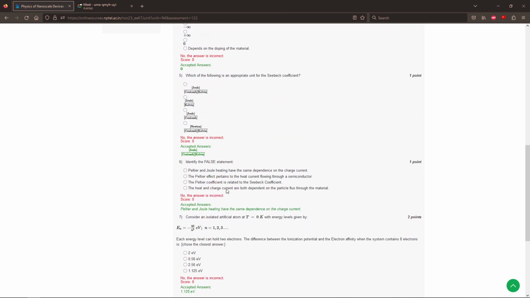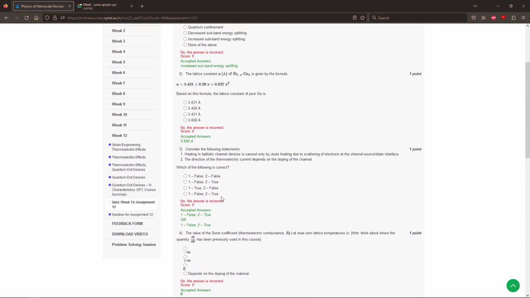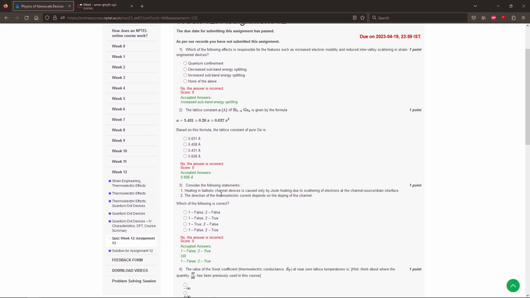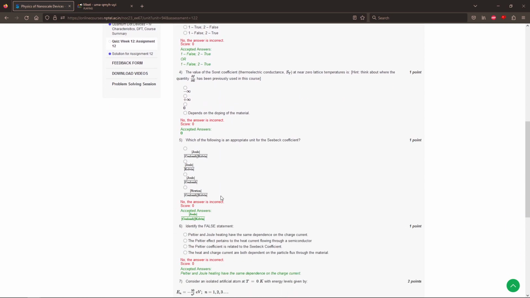Again, there will not be any numerical questions relating to the thermoelectric effect other than some very elementary calculation of coefficients. But there will be qualitative questions like this. Essentially you've been asked to calculate what the thermoelectric conductance, the Seebeck coefficient, at near zero temperatures is.